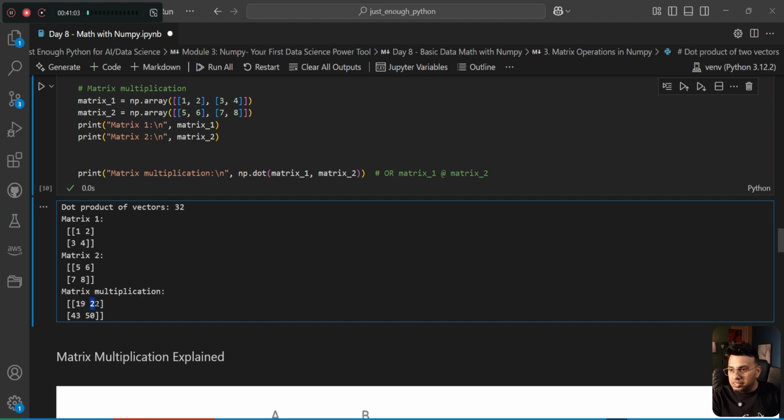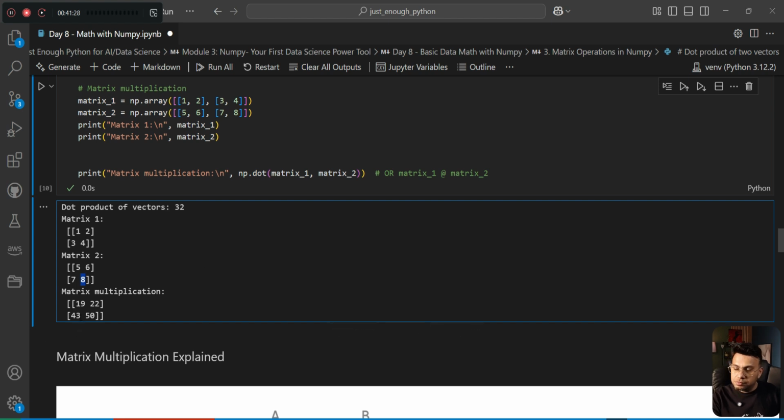Next, to get this 22, we will operate on row 1 of matrix 1 and column 2 of matrix 2. Column 2 is 6 and 8. So we will do 1 into 6 plus 2 into 8, which is 6 plus 16, which is 22.